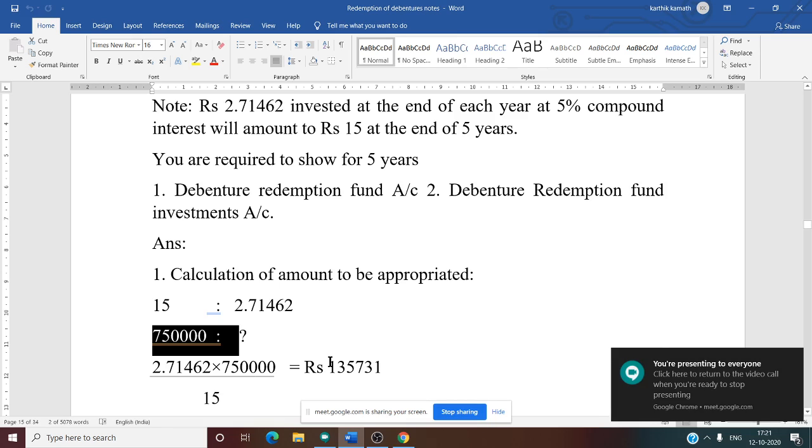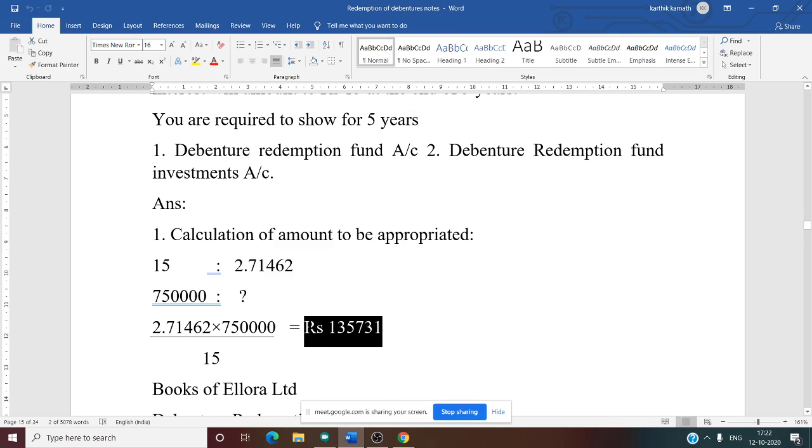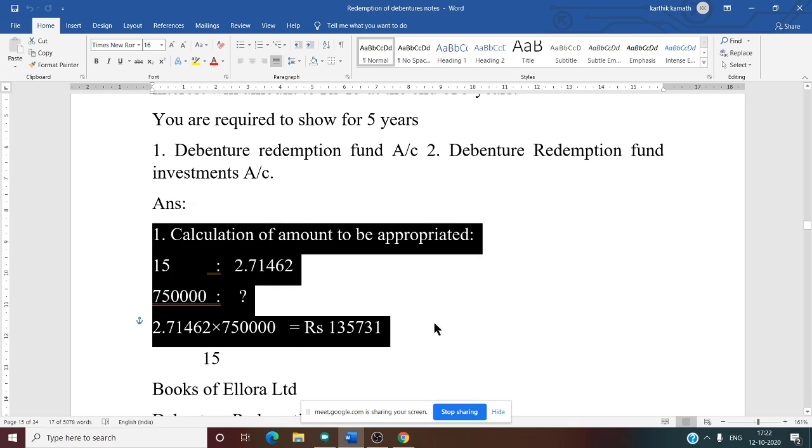That's why the par amount itself we have written, 7,50,000. So the answer is 1,35,731. This amount you need to take from profit and loss account every year. So this is the amount you need to set aside every year. Very simple calculation of the amount to be appropriated.